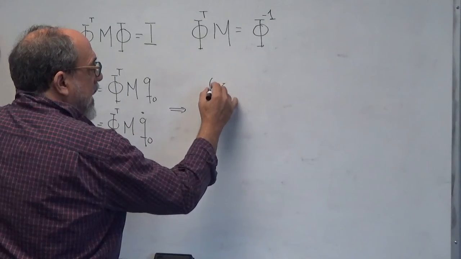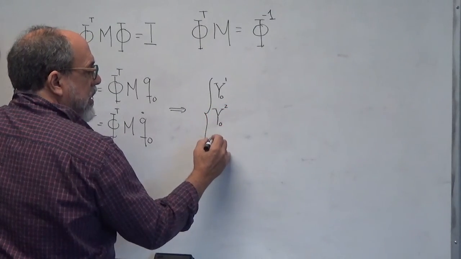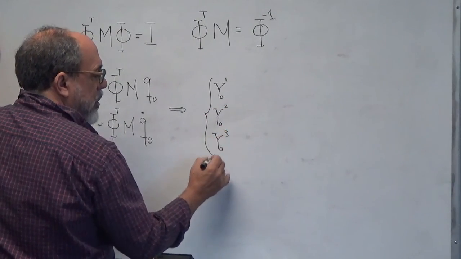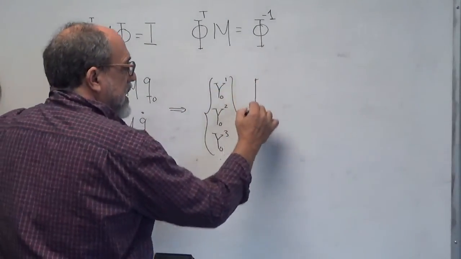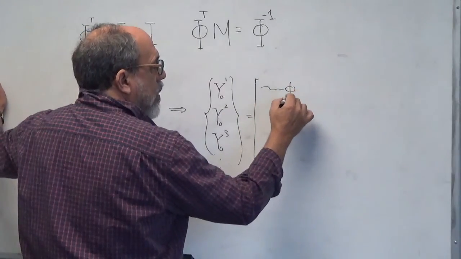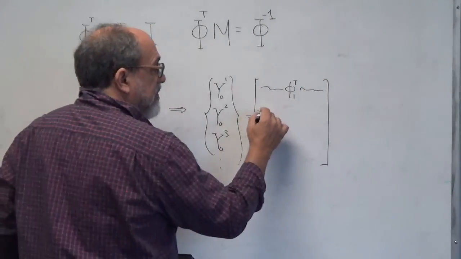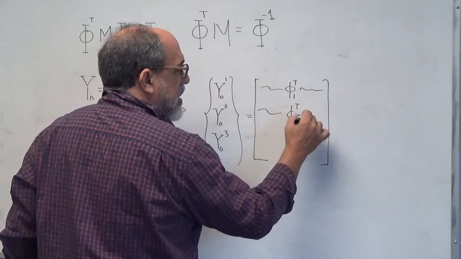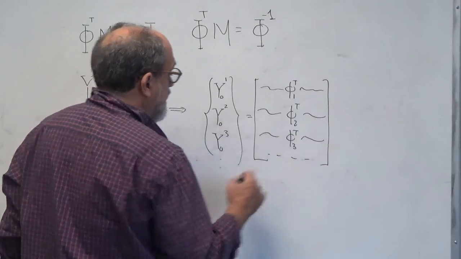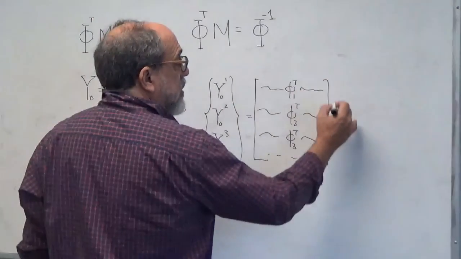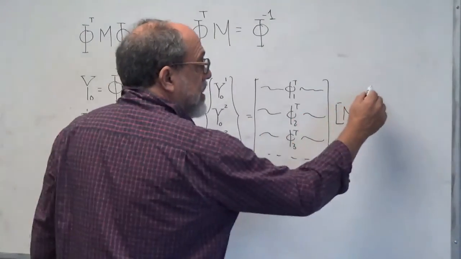This would be the y0 on the first mode, the y0 on the second mode, the y0 on the third mode, etc. On the right side, this matrix has phi1 transposed as the first row, phi2 transposed as the second row, phi3 transposed as the third row, etc. Then comes the mass matrix, and then the initial conditions q0.